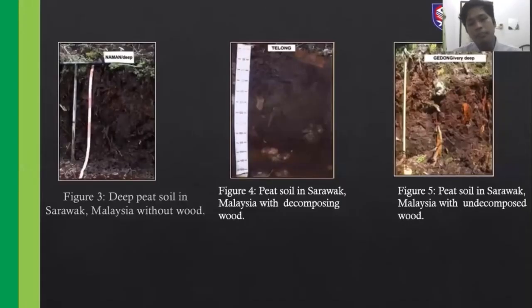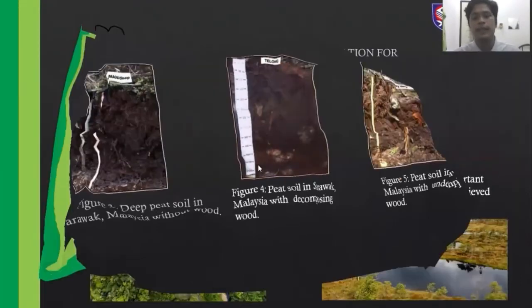Figure 3 shows deep peat soil in Sarawak, Malaysia without wood. Figure 4 shows peat soil in Sarawak, Malaysia with decomposing wood. Figure 5 shows peat soil in Sarawak, Malaysia with undecomposed wood.